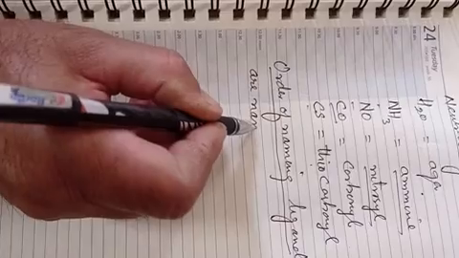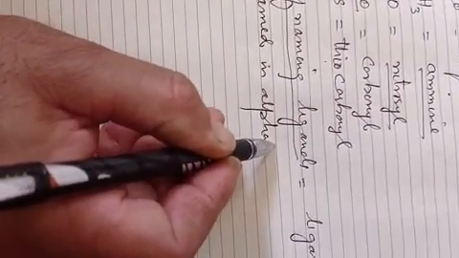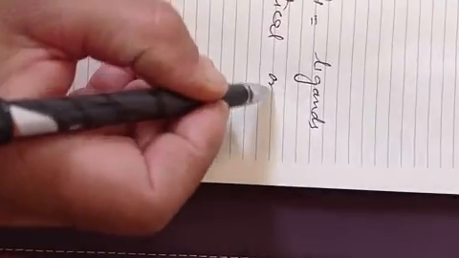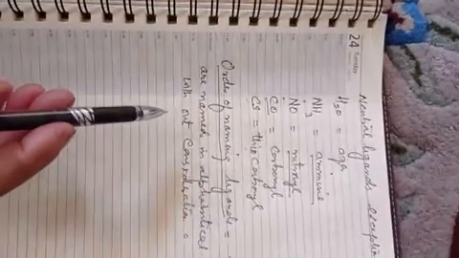If there are a number of ligands, you have to name them in alphabetical order without consideration of charge. You do not have to consider charge. You have to name the ligands in alphabetical order.